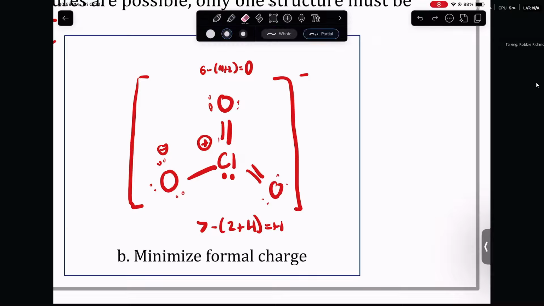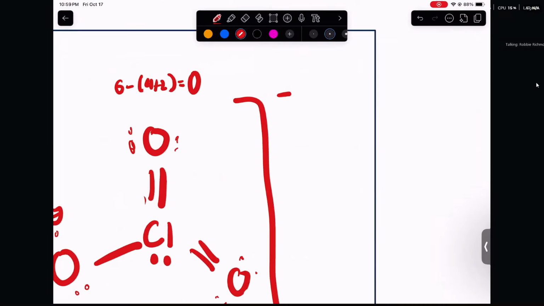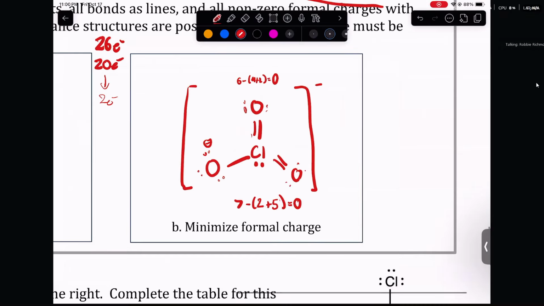And then when looking at the chlorine, we have still 2 dots and 1, 2, 3, 4, 5 lines. So that formal charge is going to be 0. And since at the very minimum, we're going to have at least 1 negative formal charge because the overall charge of this molecule is -1, this makes sense. This is as minimized as possible.